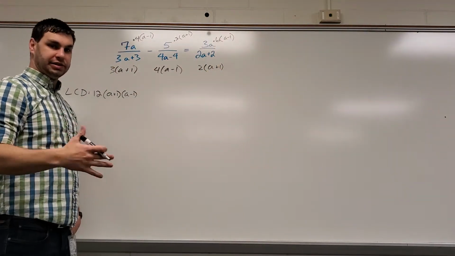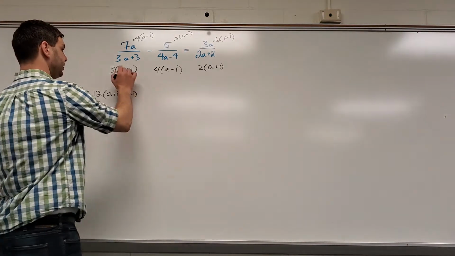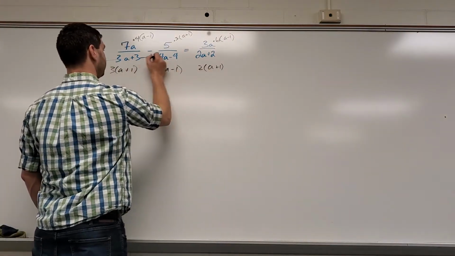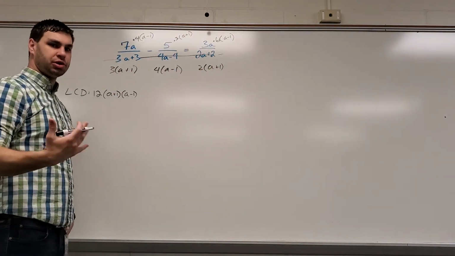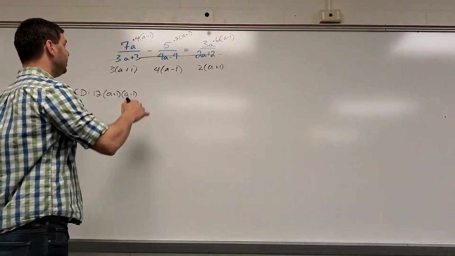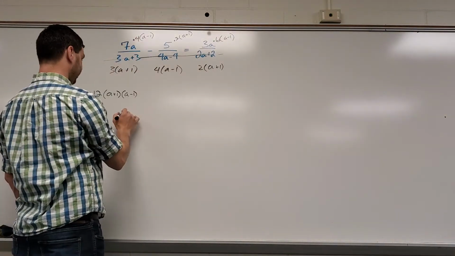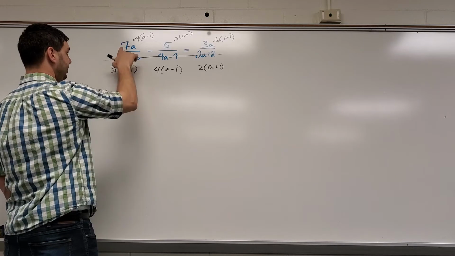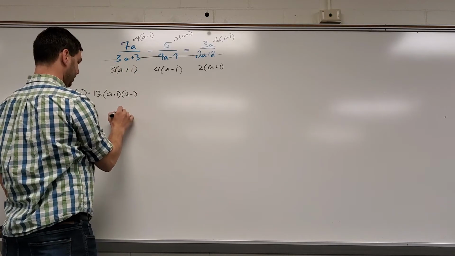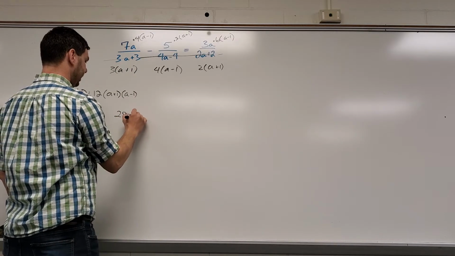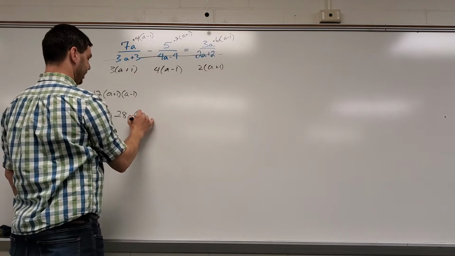Okay, I know all my denominators are going to be the same, so I can just go ahead and cancel those, right? And then just work with the numerators, the tops of these. So on the top of this one here, we have 7a times 4 is 28a. And then we still need the a minus 1.